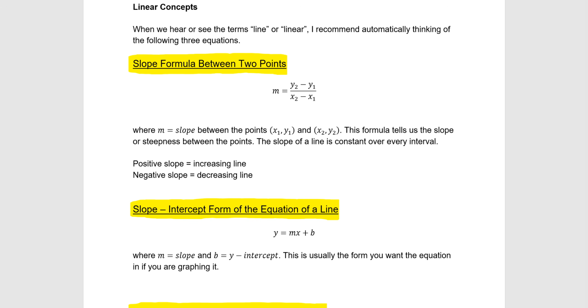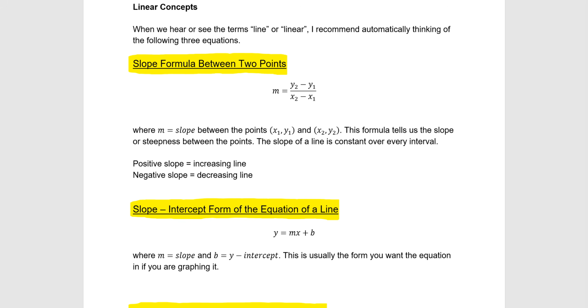So looking at the slope formula, if you have 2 points, x1, y1, and x2, y2, whatever numbers are in those parentheses, then you can find the slope, which is m, between the points. And the number we get tells us how steep the line is connecting those 2 points.